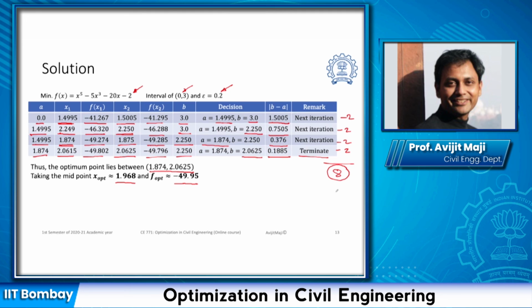Even though that is a very minor one, it is going to increase the computational burden. However, in this case, we do not have any such requirement. We are actually only estimating 2 objective functions, nothing more than that, apart from the 2 points we are finding out. So now let us look into this solution in a graphical format.